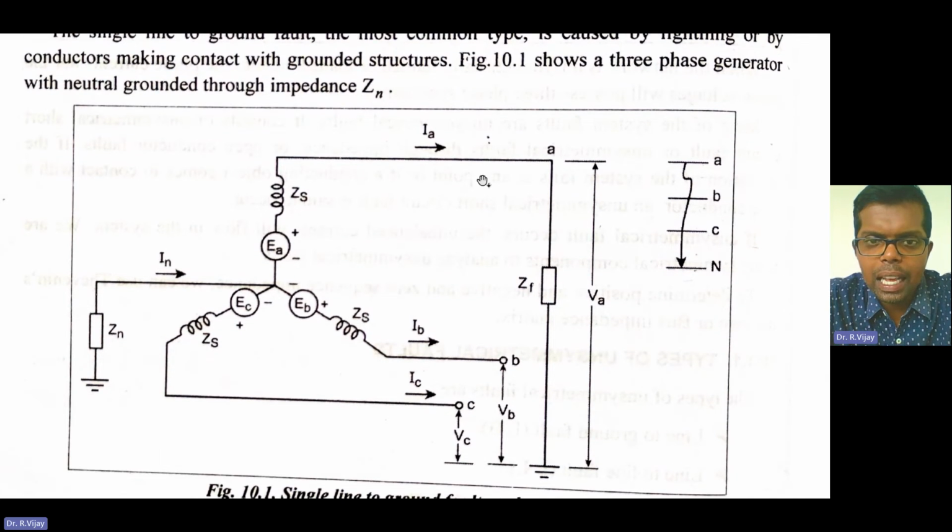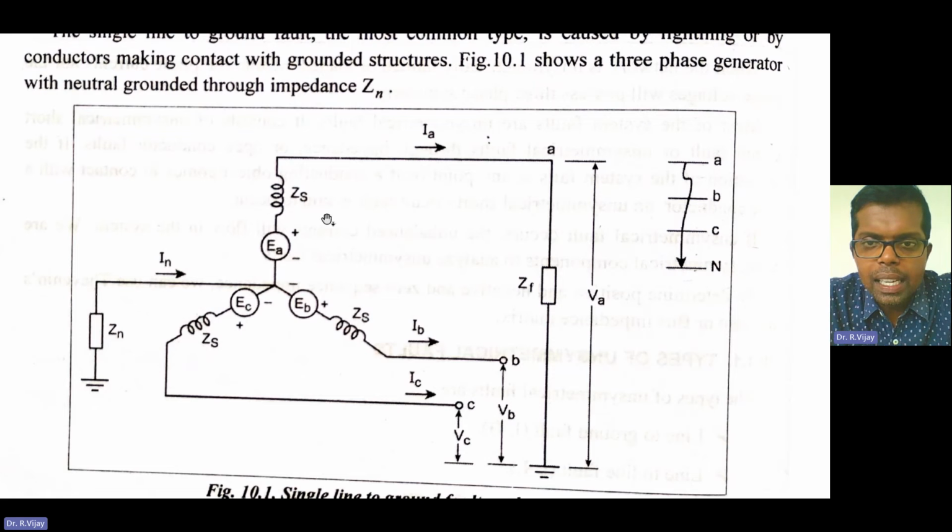The current in phase A is IA, the current in phase B is IB, and the current in phase C is IC. The voltage between phase C and the ground is VC, the voltage between phase B and the ground is VB, and the voltage between phase A and the ground is VA.